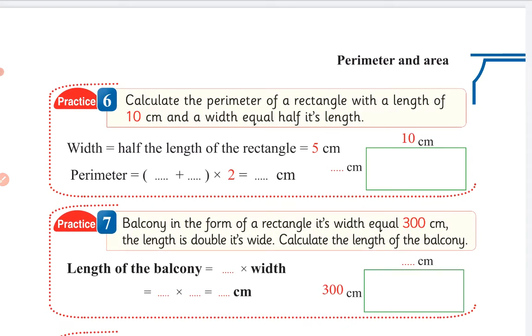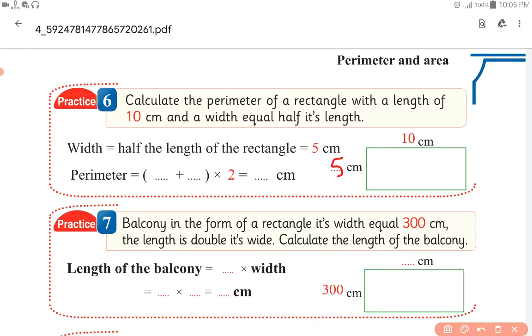السؤال اللي بعده بيقول calculate the perimeter of a rectangle with length of 10 cm and width equal half the length. الأول هشوف الويدث ده equal ايه يبقى half of 10 equal 5 يبقى width equal 5 cm. بعد كده عشان احسب البريمتر ادي عندي length equal 10 width equal 5 يبقى 10 plus 5 all times 2.